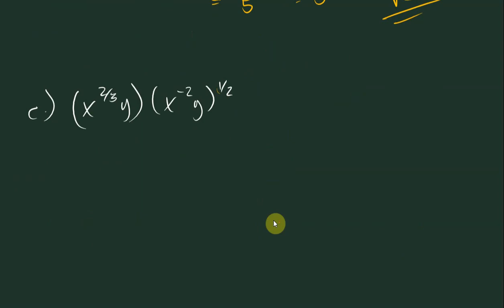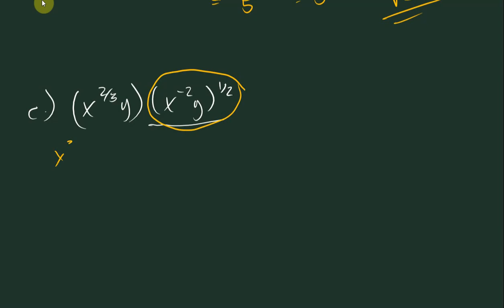Let's proceed to the third one. So this is a little bit more laborious. As you can see here, only this one has been raised to 1 half. So the best thing to do is to simplify this expression first.